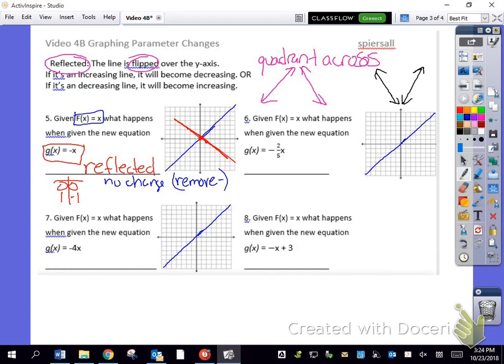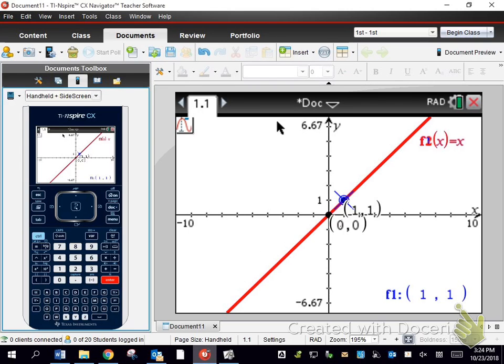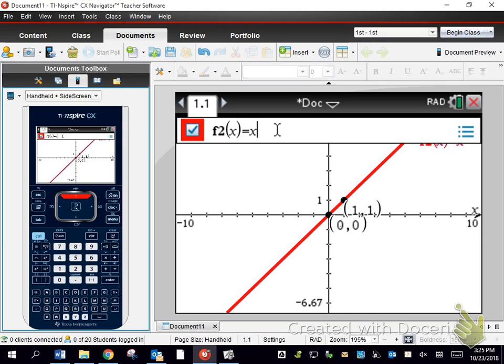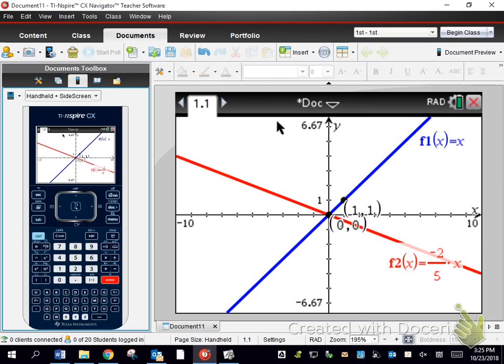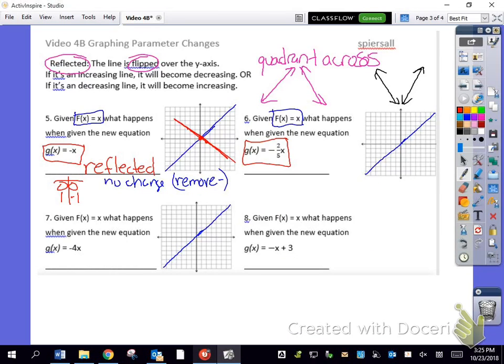We'll try another one. Here's your parent function, and then I want you to graph negative 2/5 x. Go to tab, up arrow. We're going to keep f of x, and this one is negative 2/5 x, and hit enter. It's definitely reflected because it's in the opposite, it's totally across. So the very first thing, it is reflected.